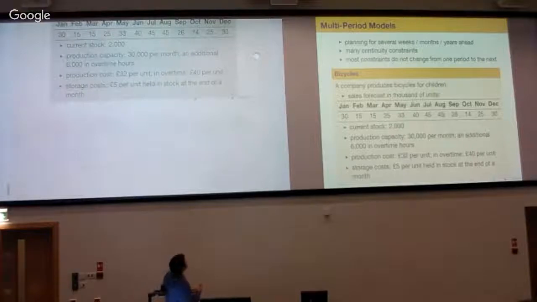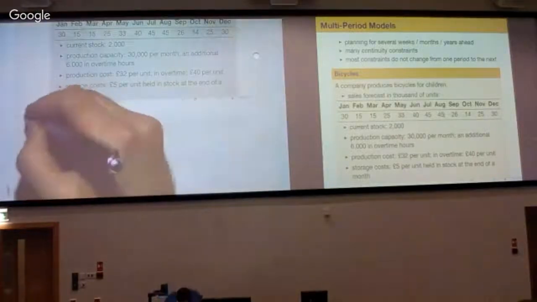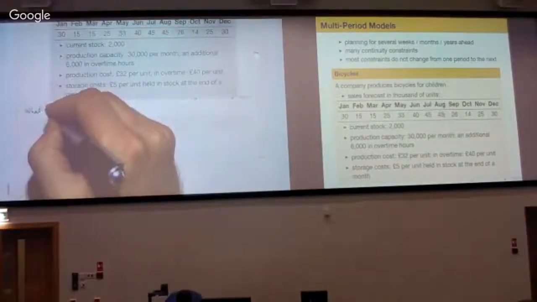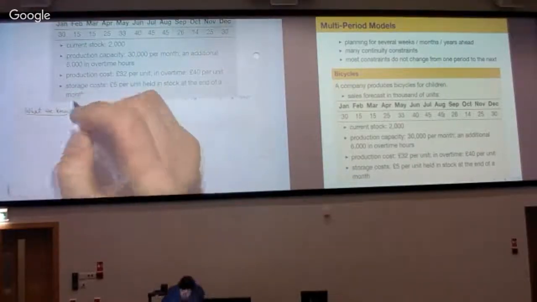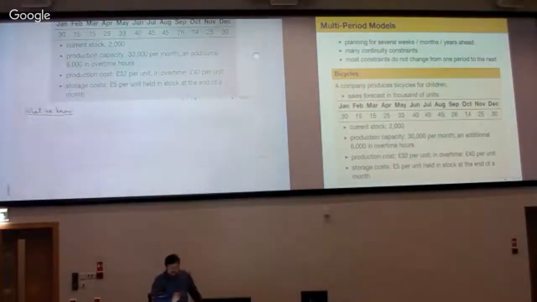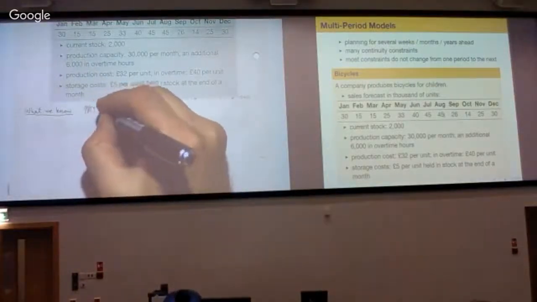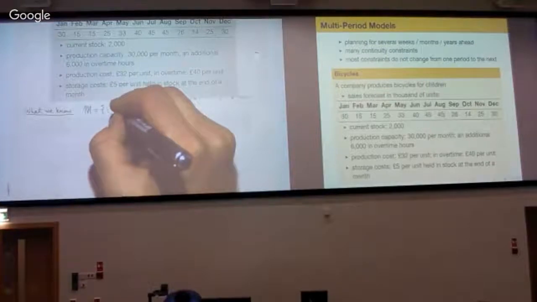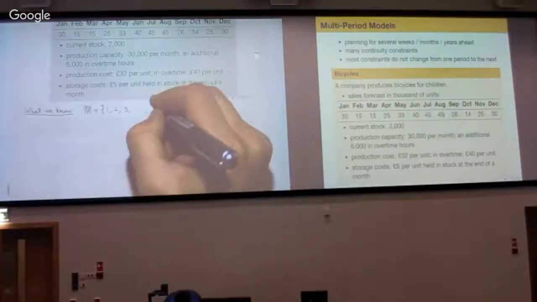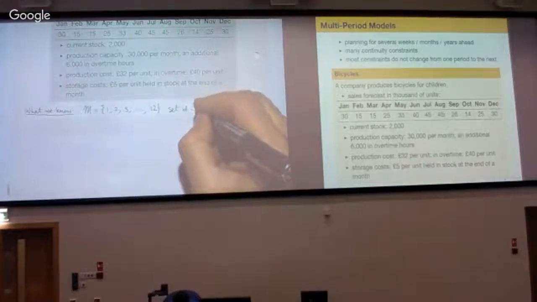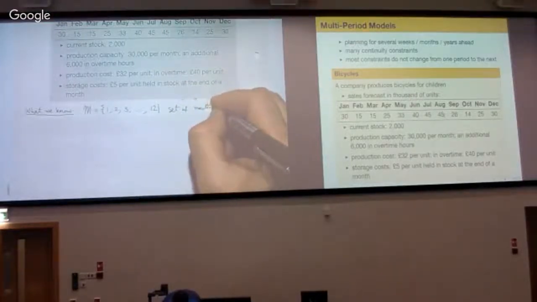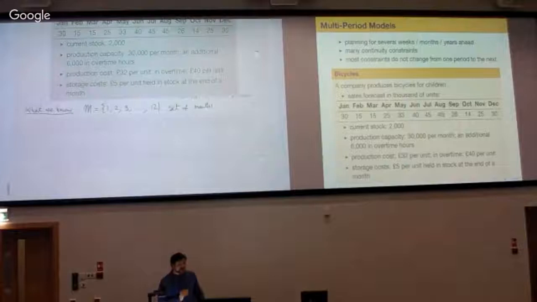Okay. So first, what do we know? We know that there are 12 months to do the planning for, so I'm going to call them 1 to 12. This is called the time horizon.